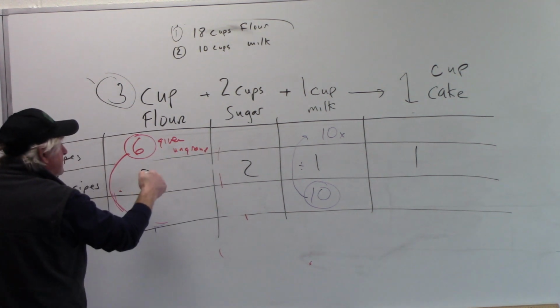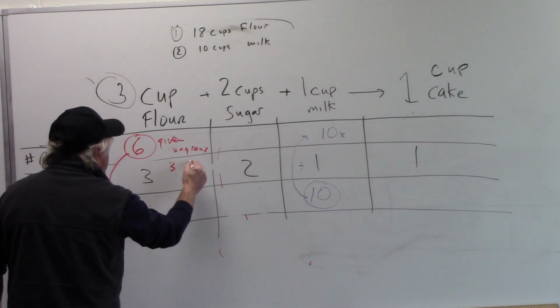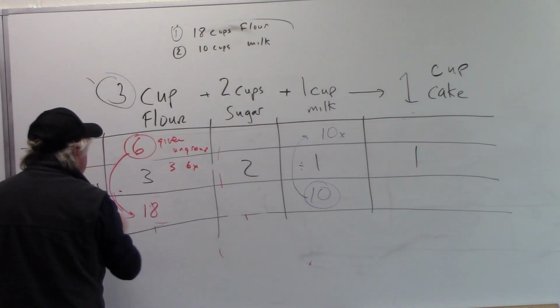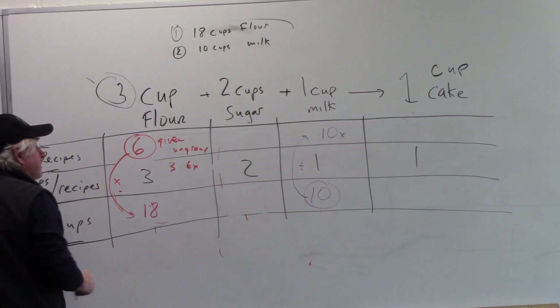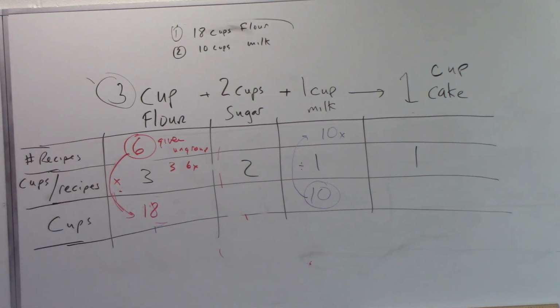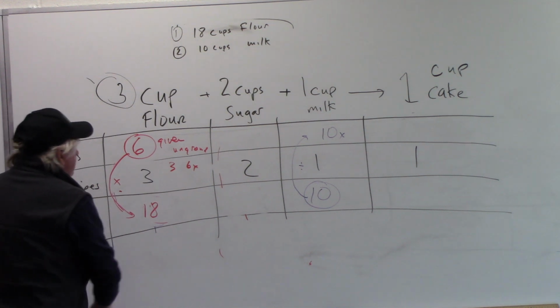So you're going to do 3 six times, and you'll end up with 18. Essentially, you're multiplying, letting out of each group 3 cups. So in the table setup, like the grouping, you're letting out, and the number gets bigger when you go down.